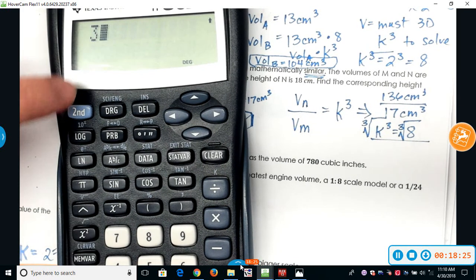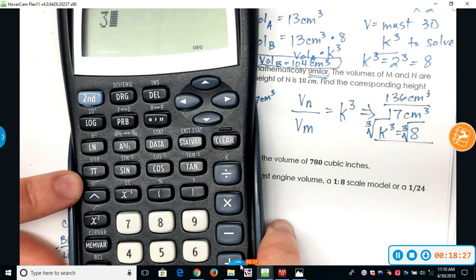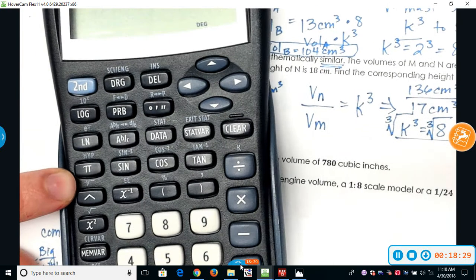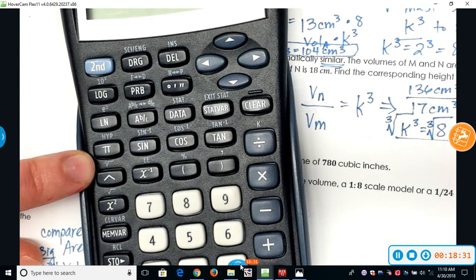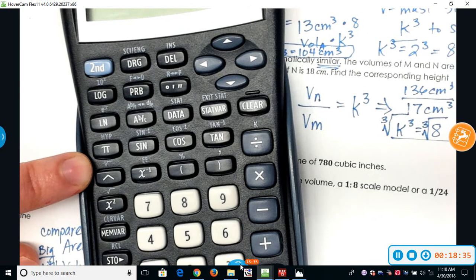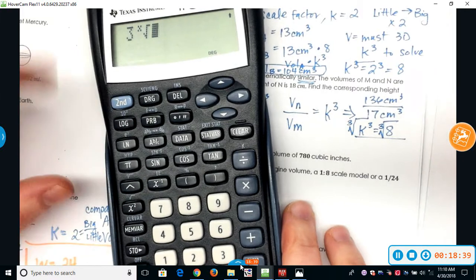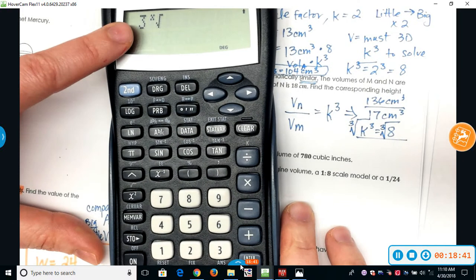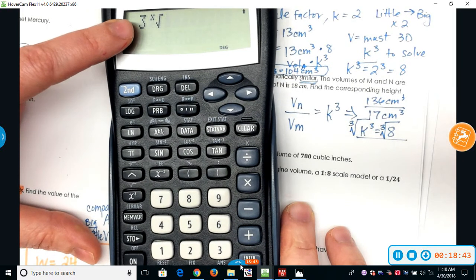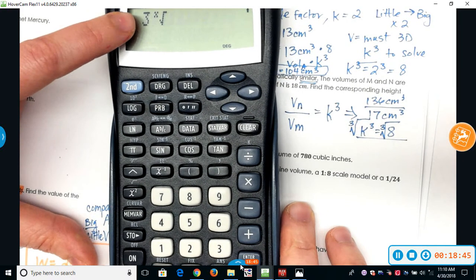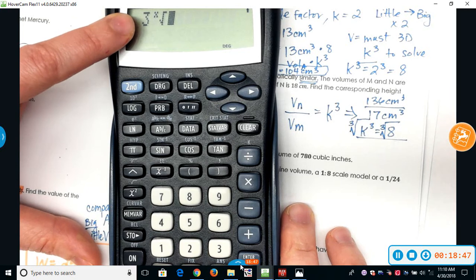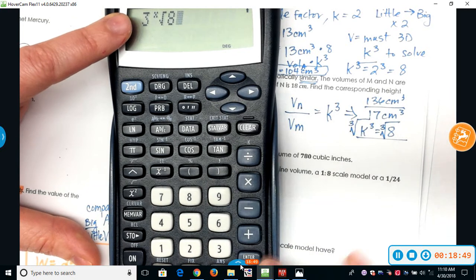There's a tiny X outside of that radical. That means use the number that I just plugged in, which is 3. So second, that's going to take the cubic root. I could take the 4th root, 5th root, whatever root. I just need to put that number there. All right, 8, enter.